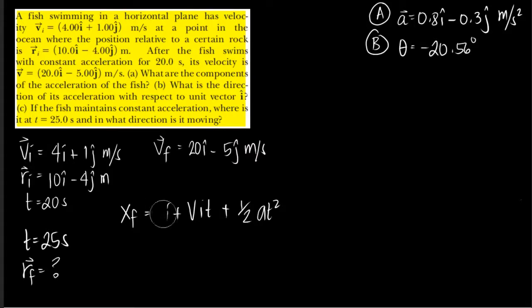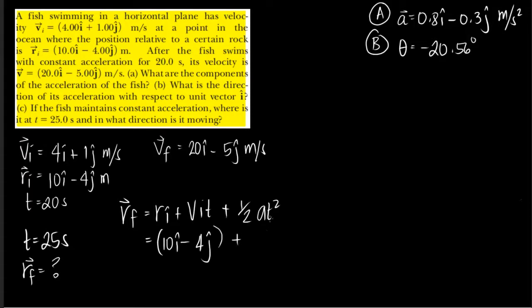So remember guys, instead of using x, we are now going to use r. I just brought back x, but it is r in your notes for sure, so that you don't have too much to think about, since they are the same, just different letters. We have R f here now. Okay, let's solve. So, R i is 10i minus 4j.